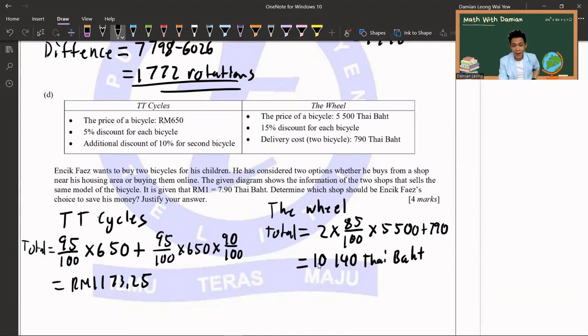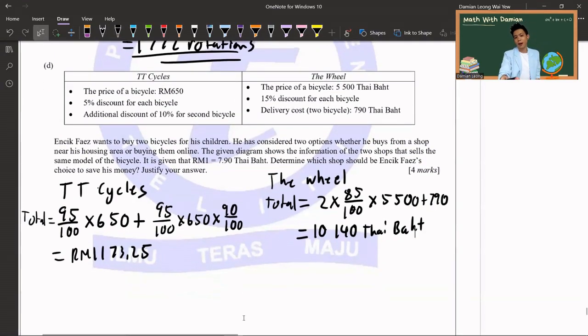So in order for us to compare, we need to compare in the same currency. You can convert ringgit to Thai baht or Thai baht to ringgit. It's up to you. Let's say I convert to ringgit. So I have to divide by 790.